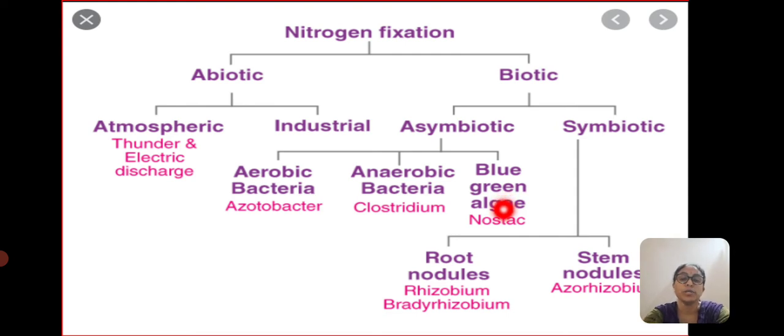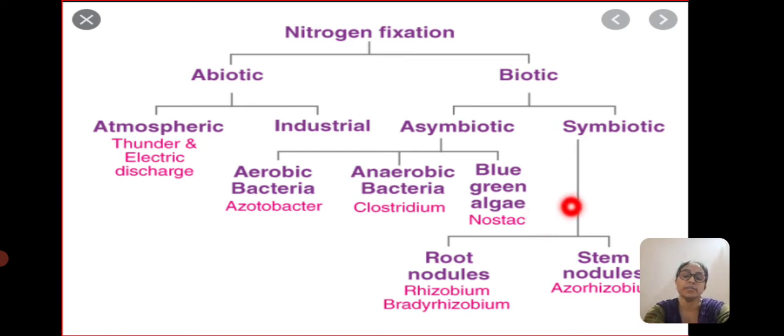That is going to help, so we can call this heterocyst cell, which is present in blue-green algae, an oxygen scavenging cell, and thus the oxygen scavenging takes place naturally, which is quite important for the activity of the nitrogen reductase or nitrogenase enzyme.